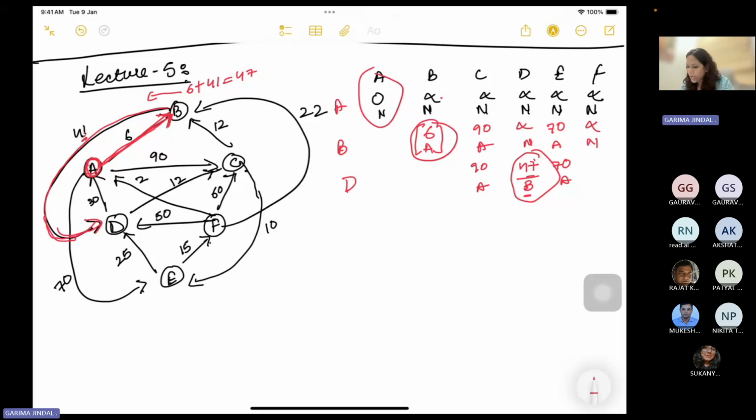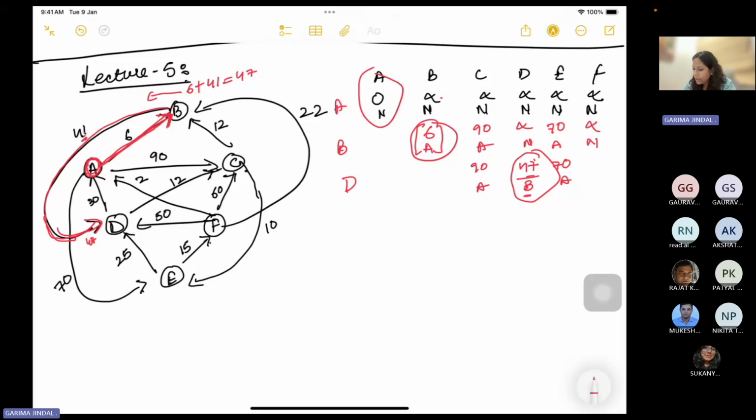Now we are at the point D. In order to reach D, the cost was 47. Now we will see what other nodes can be visited from D and what the cost is after reaching those points.